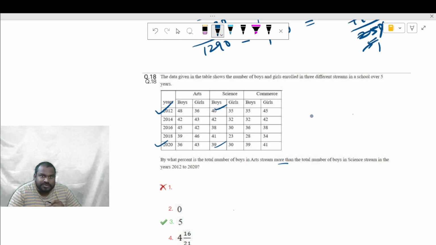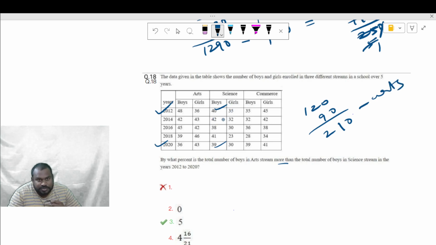So 4 into 40 into 3, 120. 120 plus 90, 210 for arts. Now for science, you bring this 2 here, it will become 40, and 1 here, it will become 40. So 40 into 5, 200.